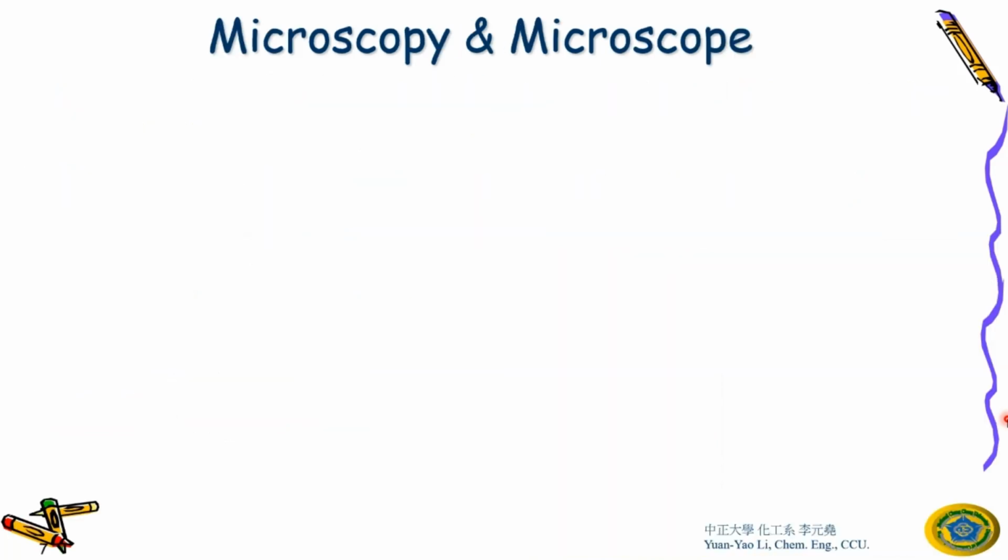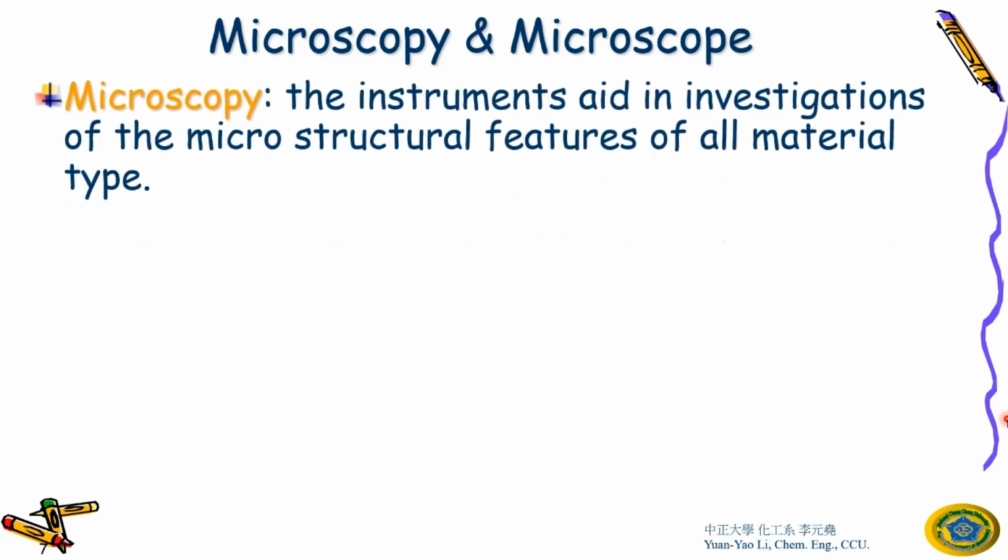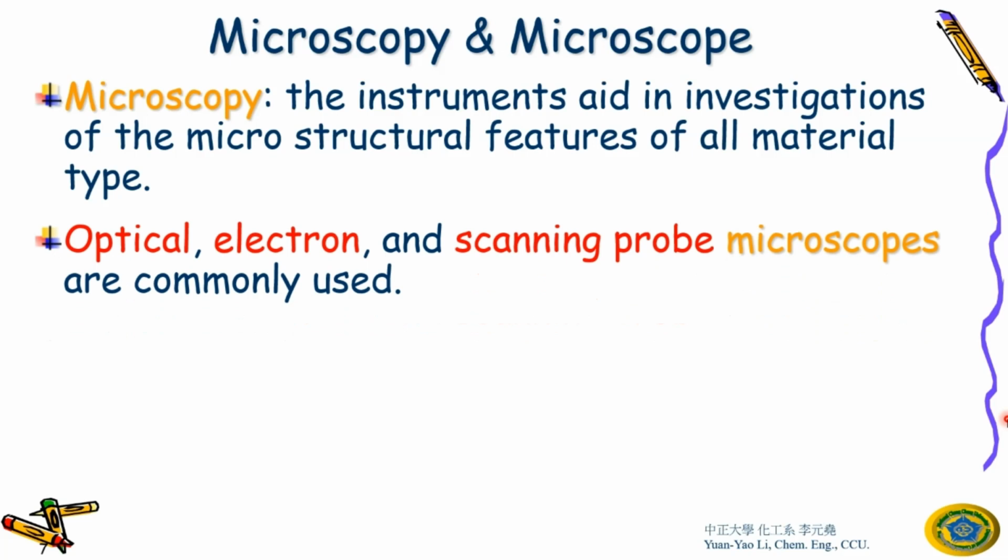So how about microscopy and microscope? A microscope is a kind of machine to see the objects. Microscopy is the study or use of instruments to investigate the microstructural features of all material types. You can have optical microscopes, electron microscopes, and scanning probe microscopes. Optical microscope means you use light to observe objects.